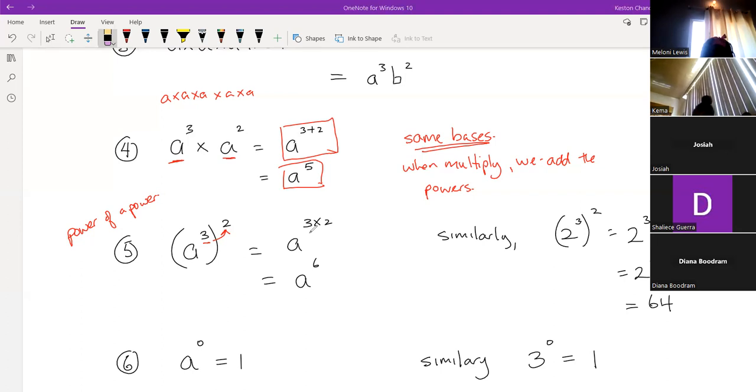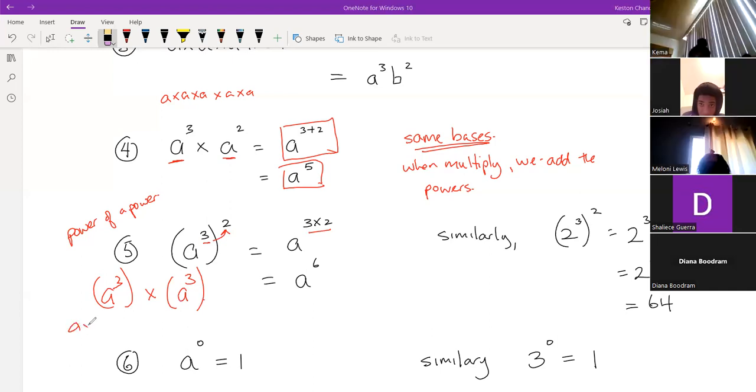We multiply the indices. So we get 3 multiplied by 2, and we get a to the power of 6. Why is that so? It's like I'm taking a cubed and I'm squaring it, multiplying it by itself again. And if we expand this all out, I'm going to have a by a by a multiplied by another a by a by a. And if I check all of that, I'm still going to get back a to the power of 6.